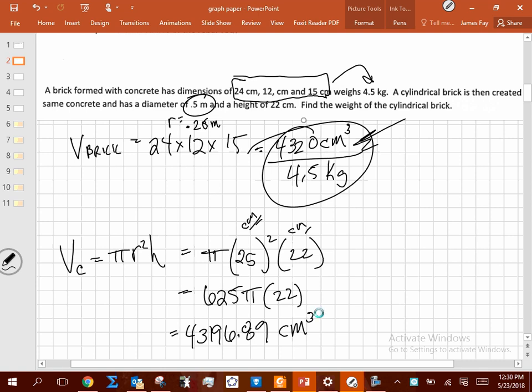I'm then going to multiply this by, hey, what unit should go on the bottom here? Centimeters cubed. What should go on top? Kilograms. Once I set that up, it tells us how these numbers should be positioned. I'm going to multiply by 4.5 kilograms, and then divide by 4,320 cubic centimeters.